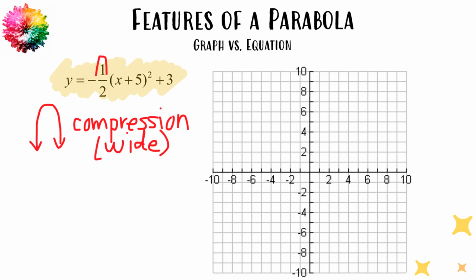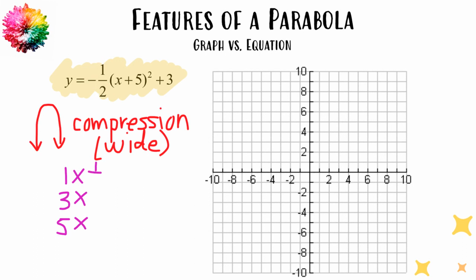So the way that we deal with a vertical stretch or a vertical compression is we begin with our regular old step pattern of 1, 3, and 5, and we multiply those numbers by whatever the number is for our stretch or compression. In this case, it's a half.